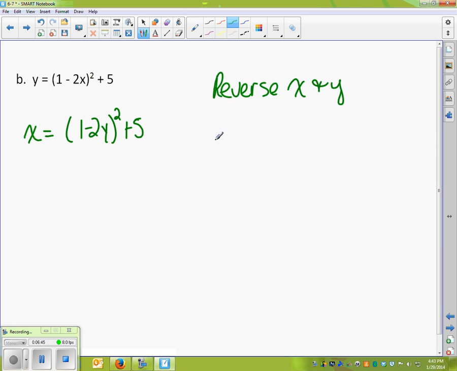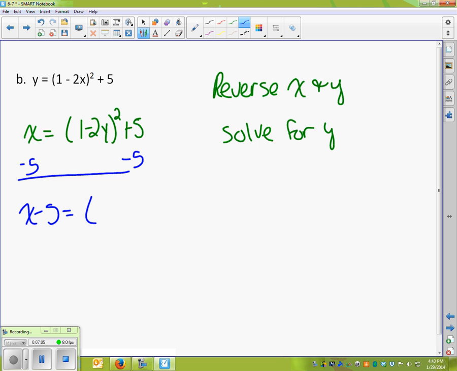Now I want to solve for y. I just kind of chip away at this equation until I get y by itself. So the first thing we want to do, subtract the 5. I get x minus 5 equals (1 minus 2y) squared.